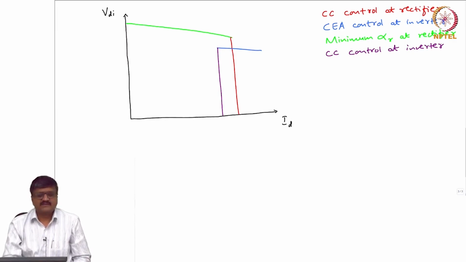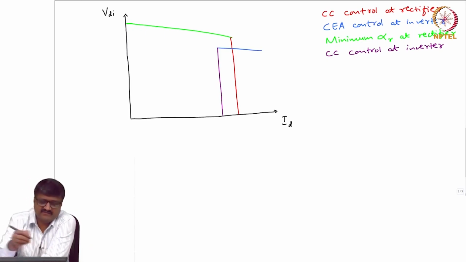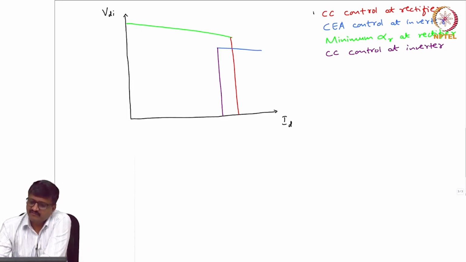Now what happens? Say we see that there are 4 line segments. So 1, 2, 3, 4.